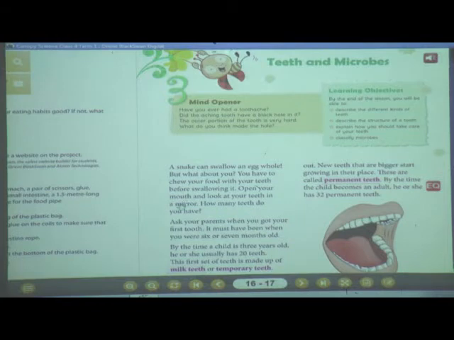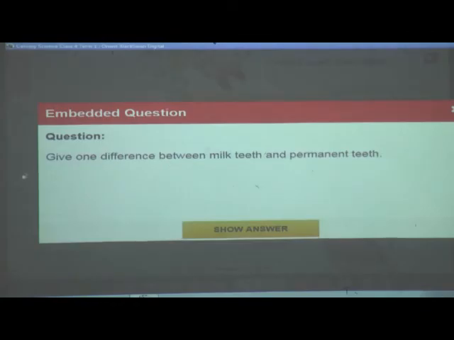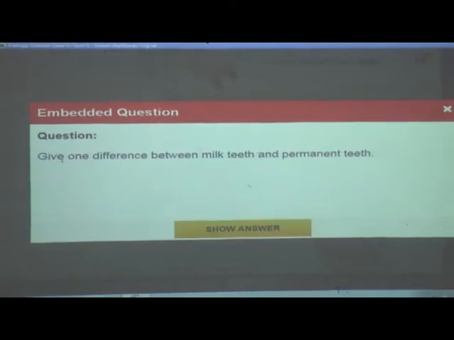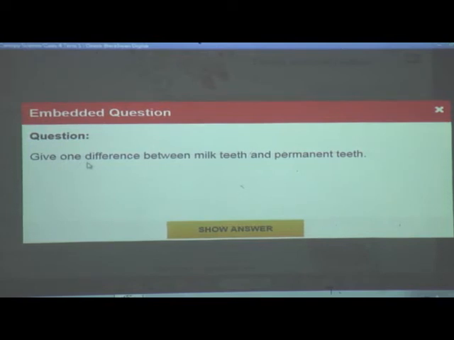Okay students, now we will see some activities. Some questions are there in the textbook. Now read the question here. Give one difference between milk teeth and permanent teeth. Now you know that when a child is 6 months old, he gets his first teeth, that is called milk teeth.